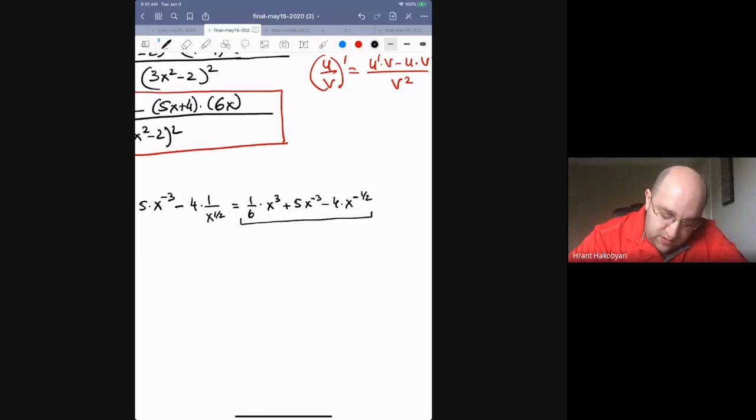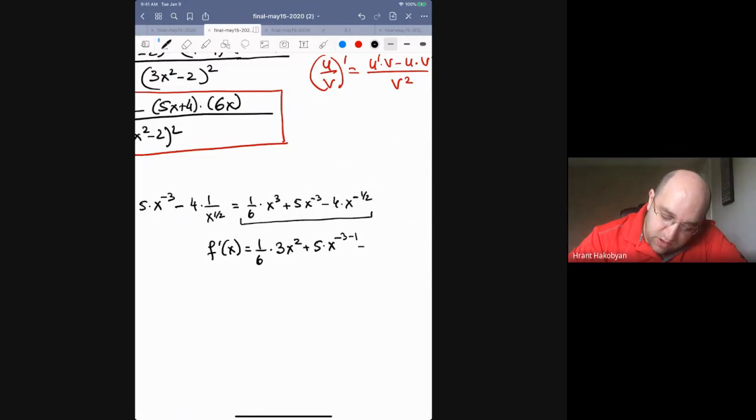So I have f prime of x is equal to the derivative of what I have on the top. So it's going to be 1 over 6 times 3x squared plus 5 times x to power negative 3 minus 1.